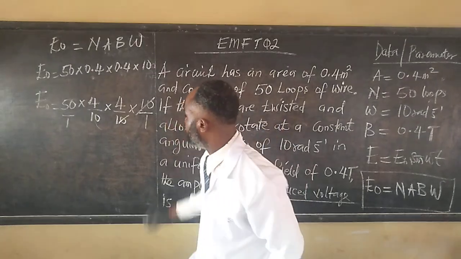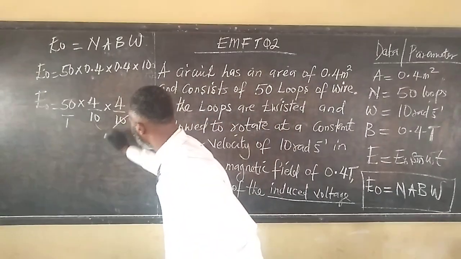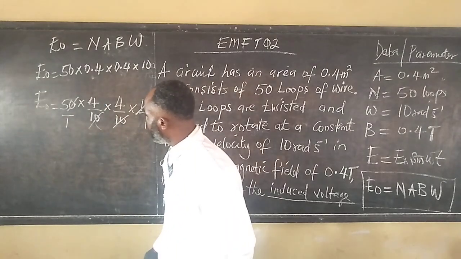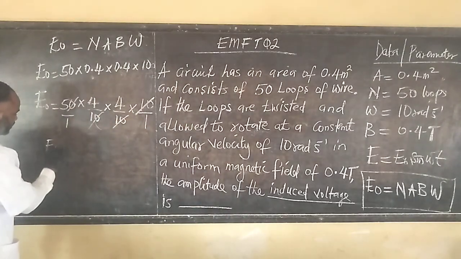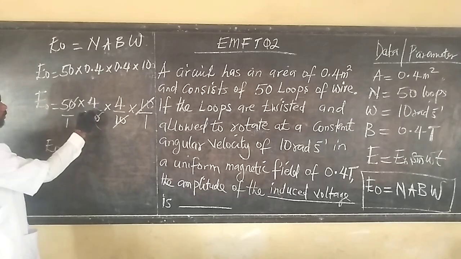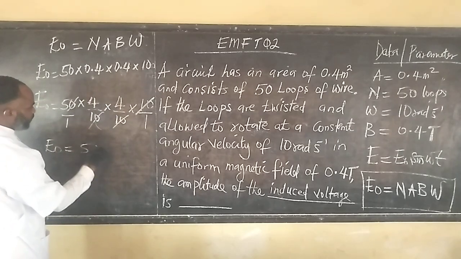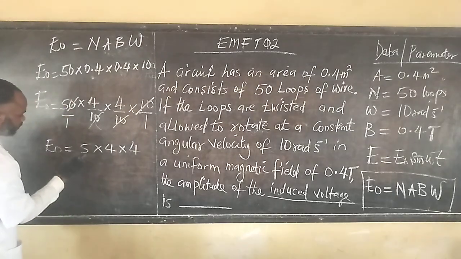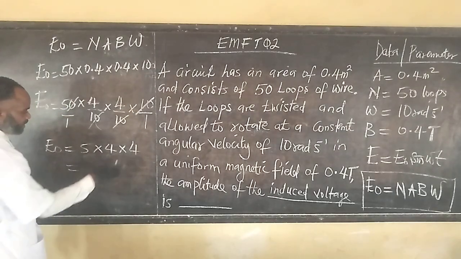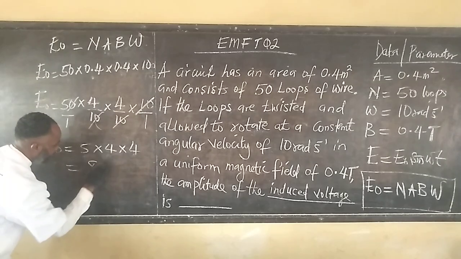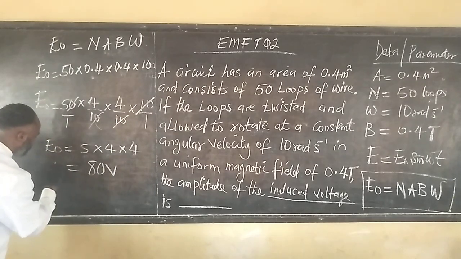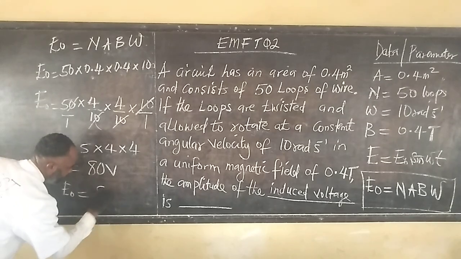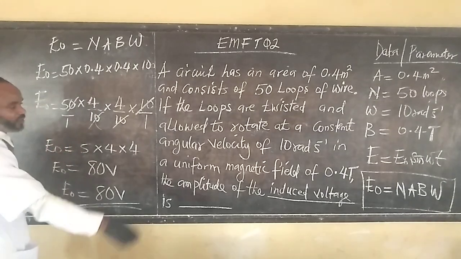That's what it means. We are left with 5, 4, and 4. 5 times 4 times 4: 5 times 4 is 20, 20 times 4 is 80 volts. Therefore, the induced voltage is 80 volts. Solved.